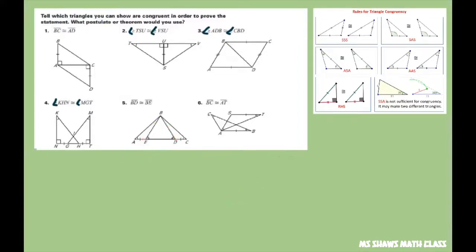And the last one, we have BC is congruent to AT. So there's AT, I'll put BC right there. So what I can say about 6 is triangle ABC is congruent to triangle STA, and that's going to be by your angle, angle, side postulate.